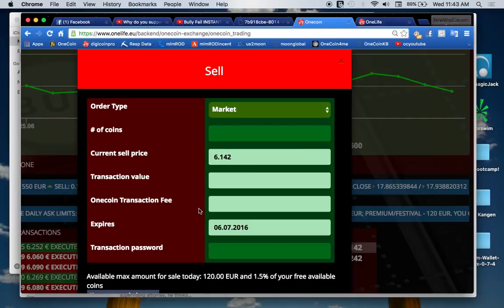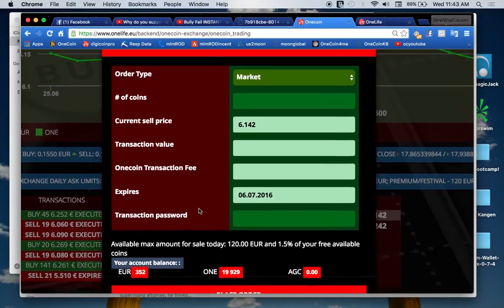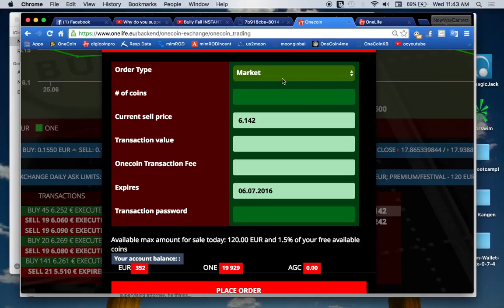But going back to the selling, if you see here, with a market order, there's a less likely chance that your order is going to be filled. The reason is that everybody's out there doing market orders, but a lot of people are starting to understand that limit orders are more likely to be filled because you can lower the price, right?